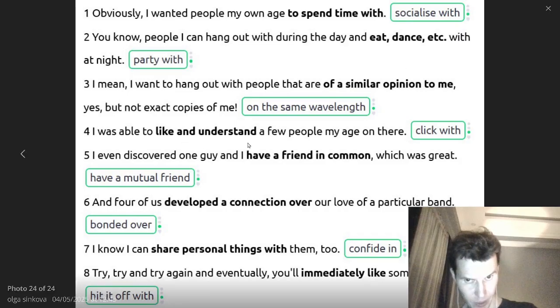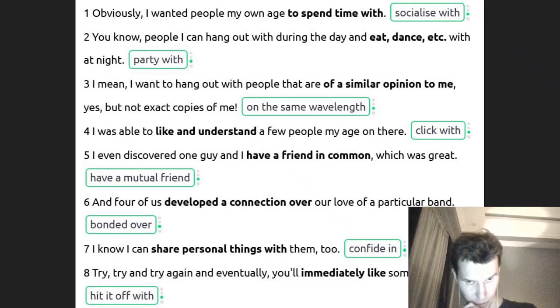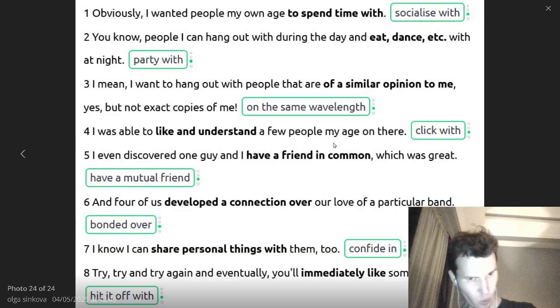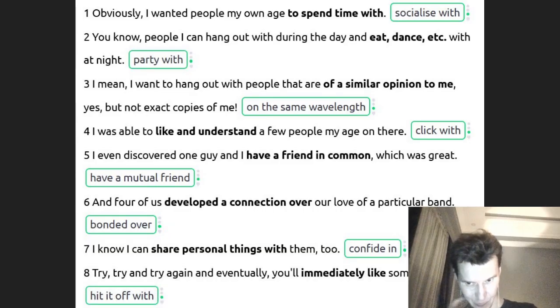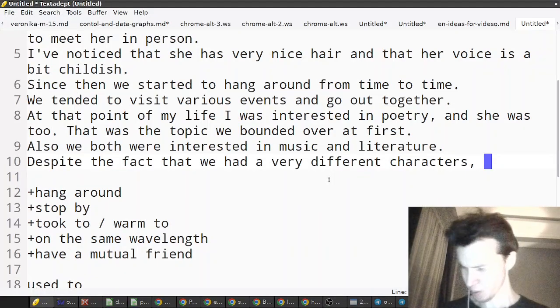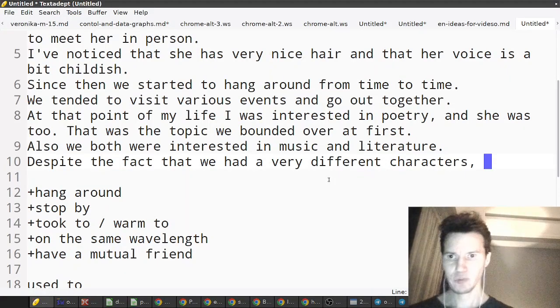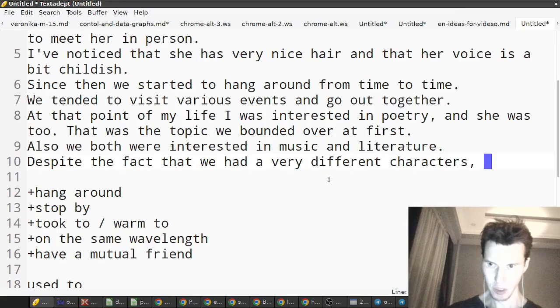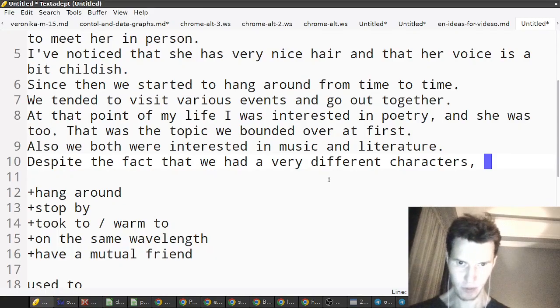I was able to understand a few people my age on the what? Click with. I don't know. Immediately hit it off with, confiding. I can use confiding somehow, I believe. Also, we both were interested in music and literature, despite the fact that we had very different characters.